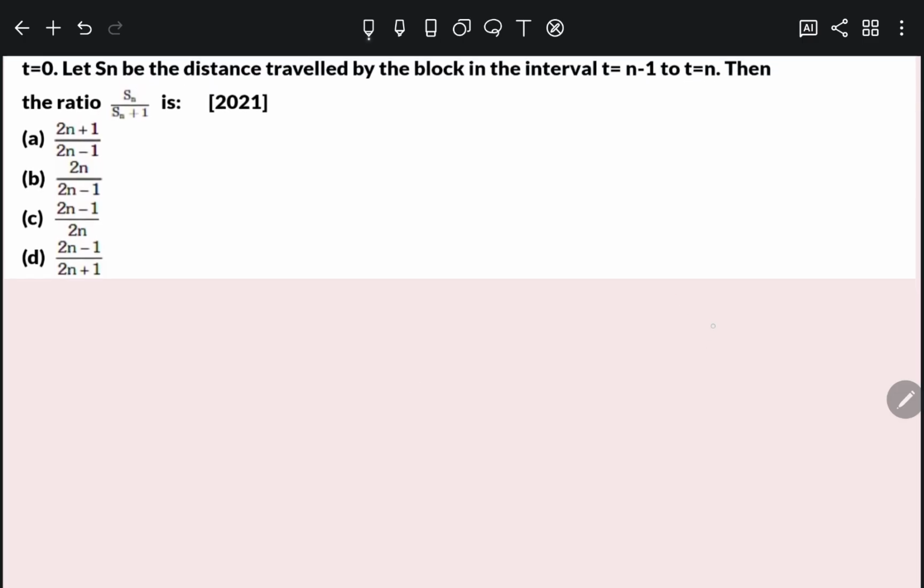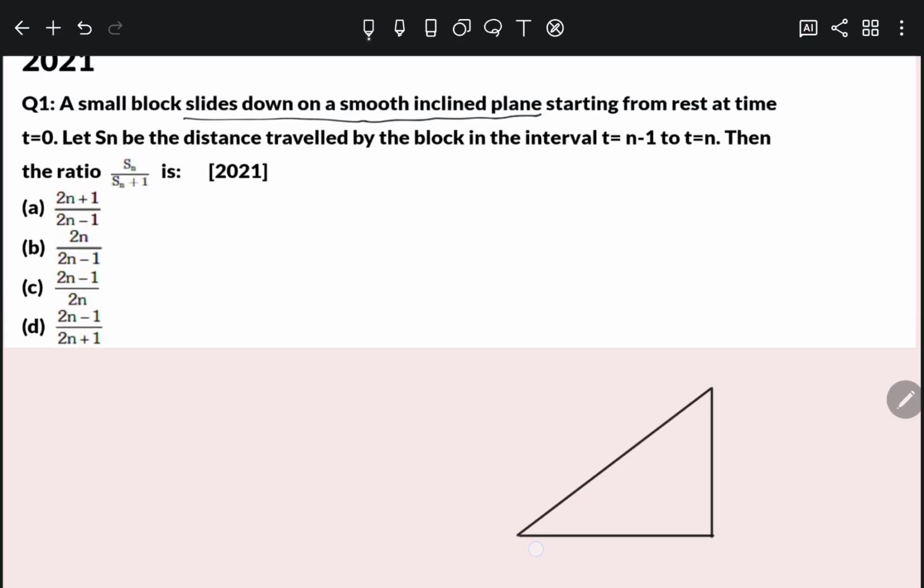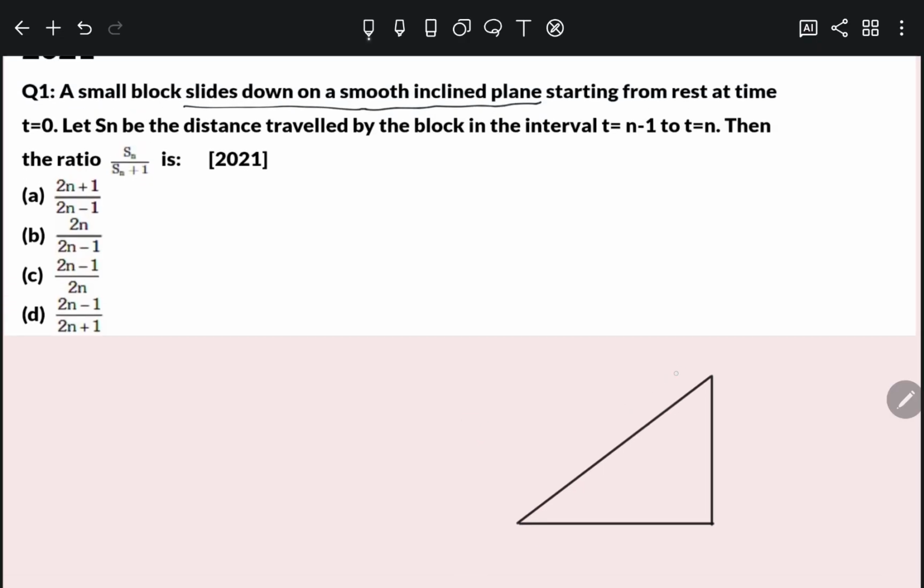Actually, I draw this. See this. It is like this. A small block slides down on a smooth inclined plane starting from rest at a time t is equal to 0.